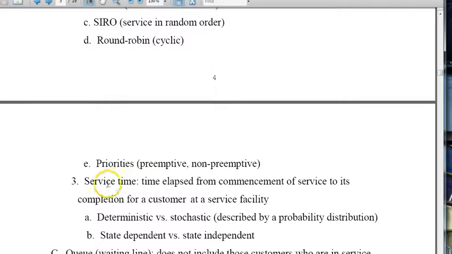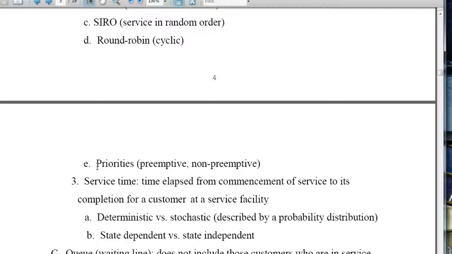And of course there are priorities sometimes, so you want to give priorities to a certain class of customers, like patients arriving at the emergency room. We give priority to more urgent cases than patients who just need less.